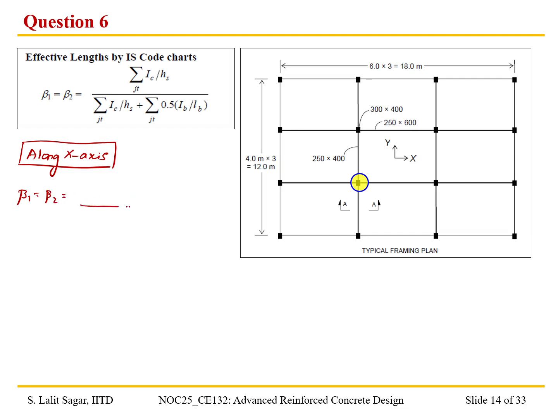Basically, we need to consider two columns, one projecting above this floor plan and one projecting below it. So IC is 400 by 300 cube divided by 12, divided by HS.